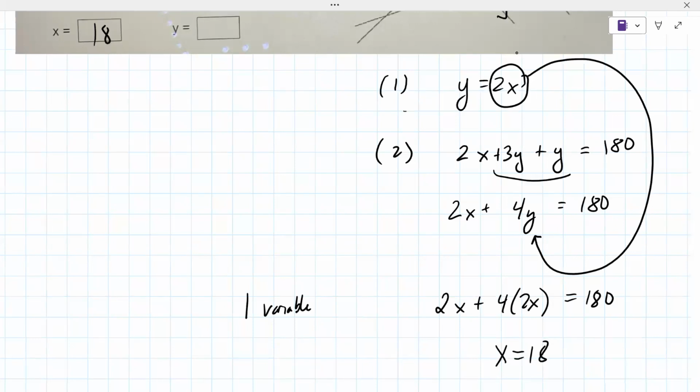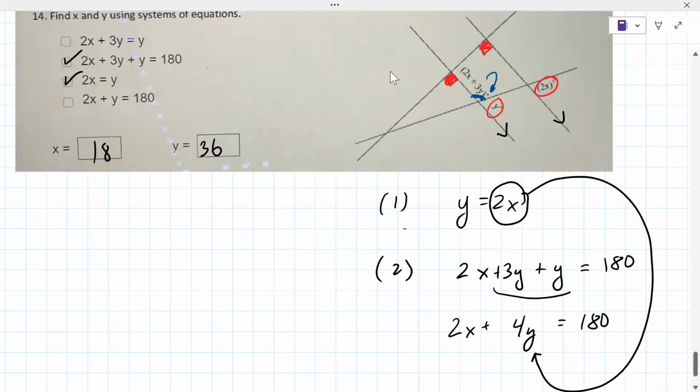So if x is 18, 36. Yes. Because these are variables, they don't add up to anything. They don't necessarily have to be equal. It's the angle measures where you see congruence and stuff like that.